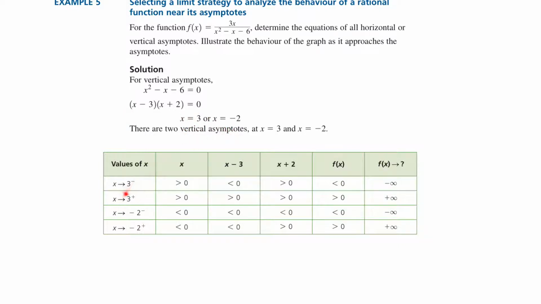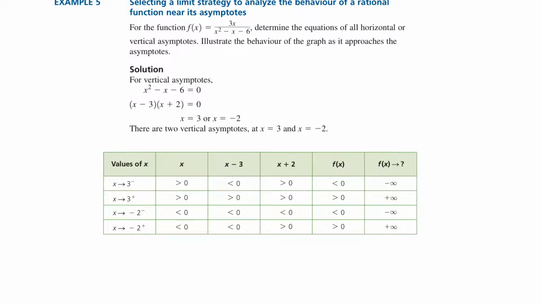We find the limit of f of x as x approaches 3 from the left and right sides, and negative 2 from the left and right sides, and if they are infinity, which they are in this case, the corresponding line is a vertical asymptote. Therefore, this function has two vertical asymptotes, x equals 3 and x equals negative 2.